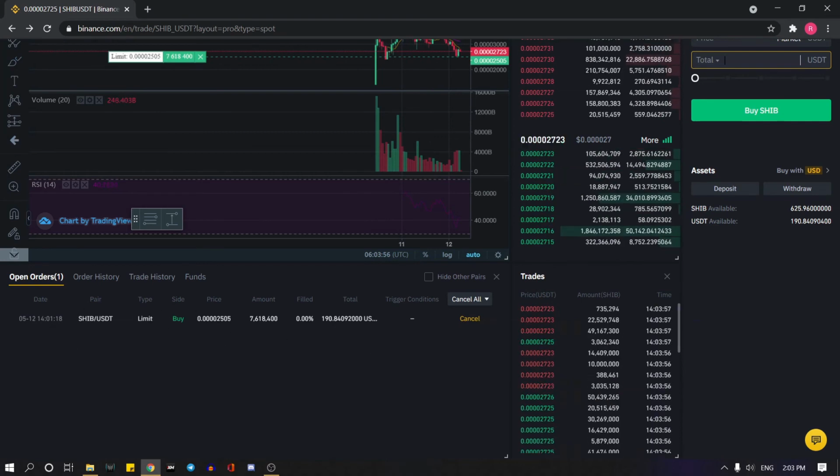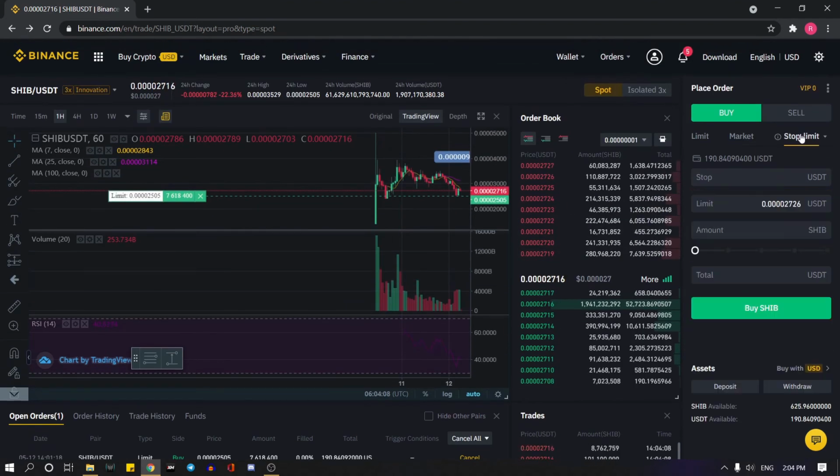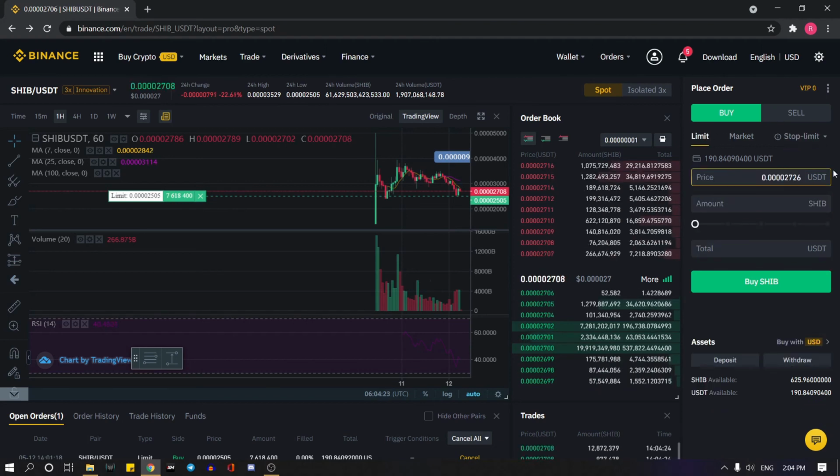It may go here, but after a few seconds, it will be fulfilled instantly. Okay, so I suggest you don't use this market. And stop limit is somehow like a stop loss limit. So I also don't suggest you use this if you're a beginner. Okay, so for now, I strongly recommend that you go for the limit. So this is the most basic.